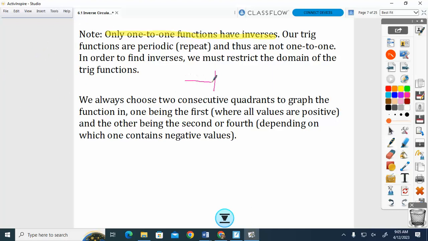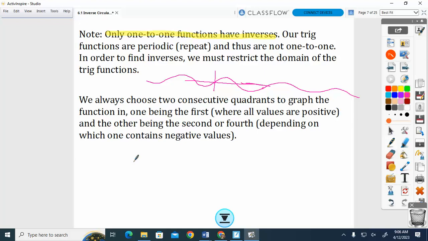If you think about the graph of sine, remember when we did that back in chapter 4, it looks like this. Does that even pass the horizontal line test to start with? No. And then it keeps going forever, so it most definitely is not a one-to-one function. So in order to find an inverse, we have to restrict our trig functions.